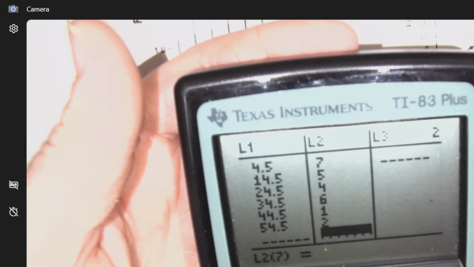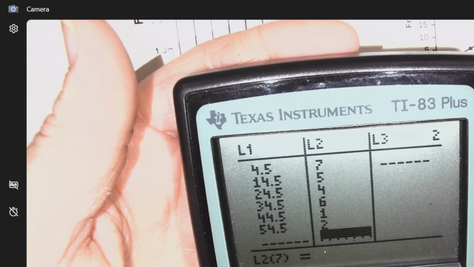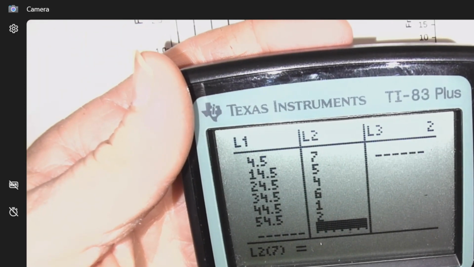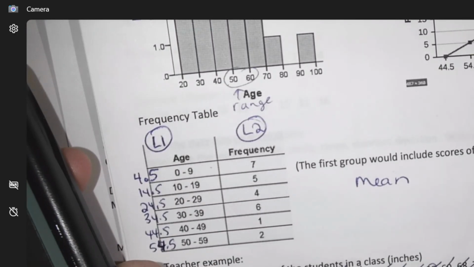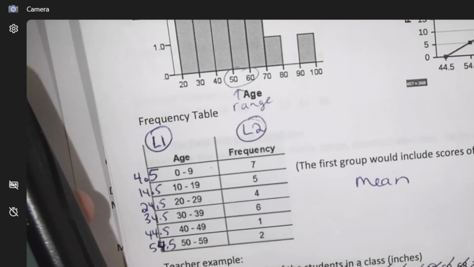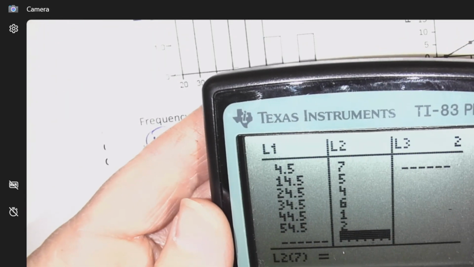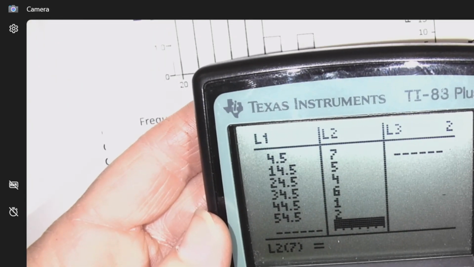Midpoints, frequencies, okay? Everyone's good? Midpoints and frequencies in there.